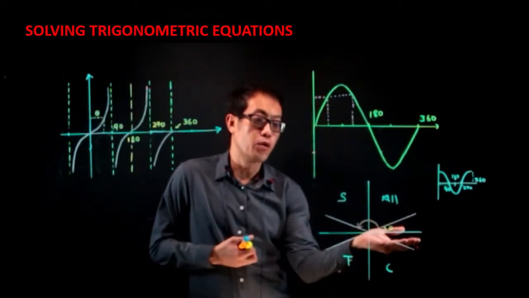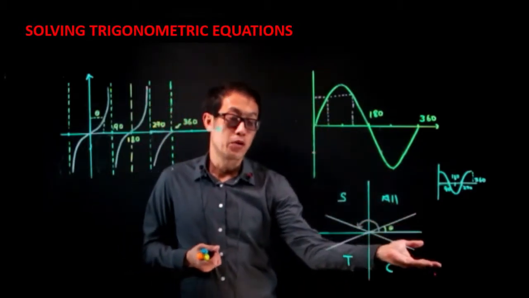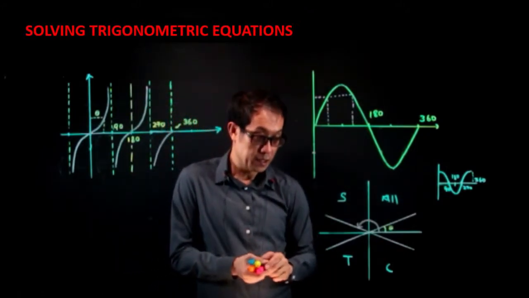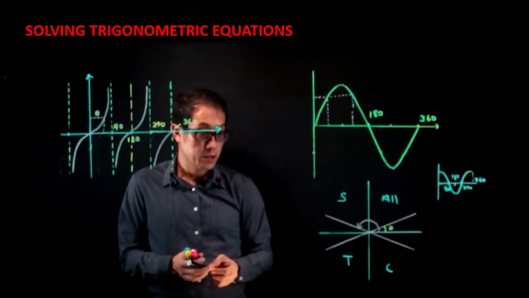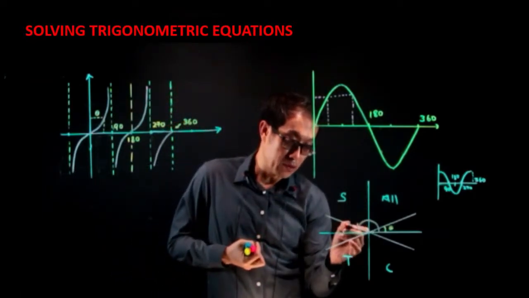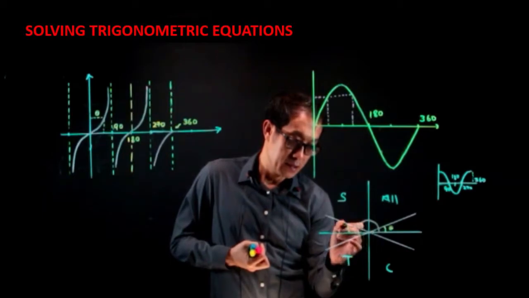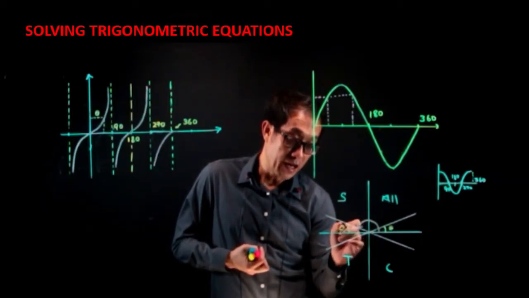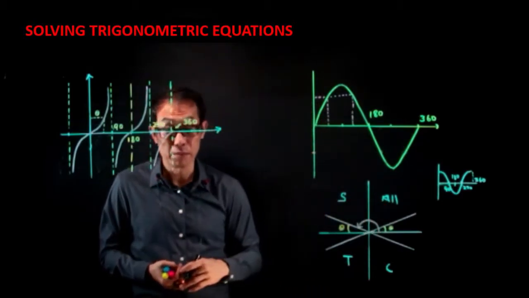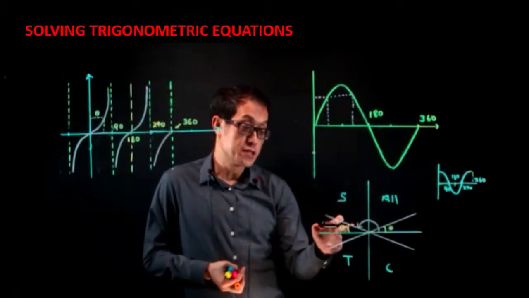Your angle is always read from the positive x-axis. So this is the actual angle, and the basic angle is this. It's the acute angle it makes with the x-axis, not necessarily the positive x-axis. So this is the basic angle.